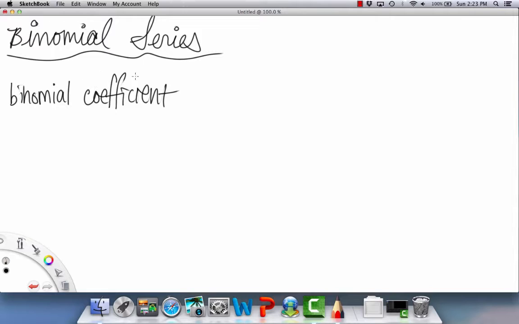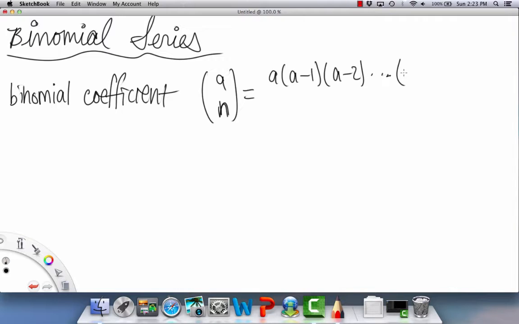This is represented by this notation, which is a over n, or I don't even know how to say this, I'll just say this thing. When expanded, it looks like a times a minus 1 times a minus 2 times everything that you need up to a minus n plus 1, over n factorial.